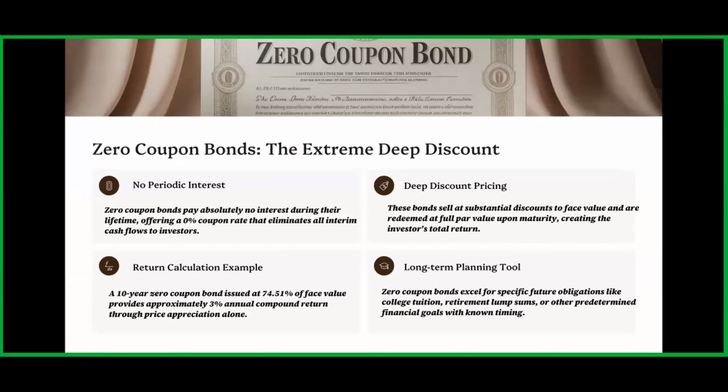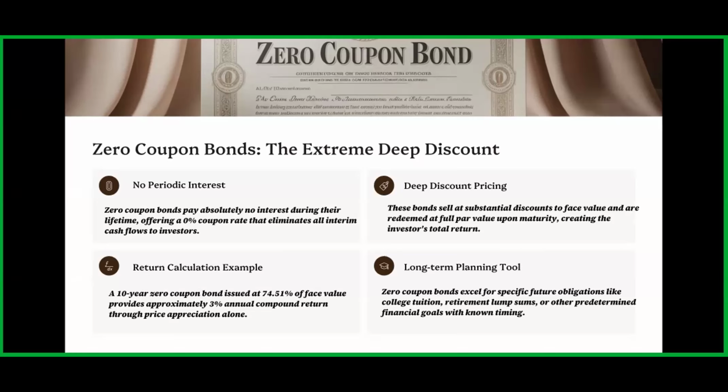That means once you purchase the bond, you will get the return at the maturity date, at the end of the maturity. That means no payment in between till the maturity date. Such a bond we call a zero coupon bond.